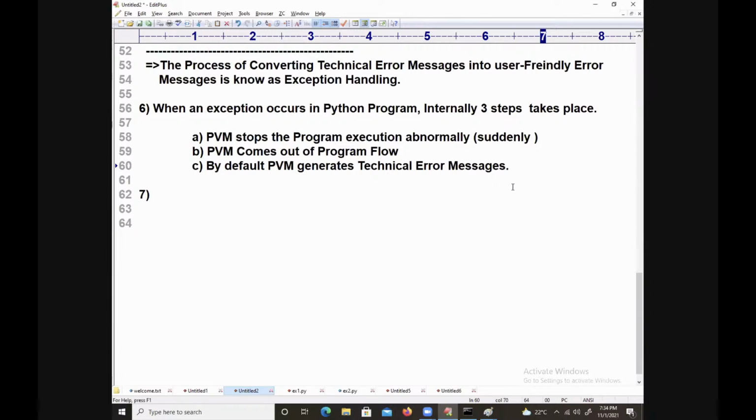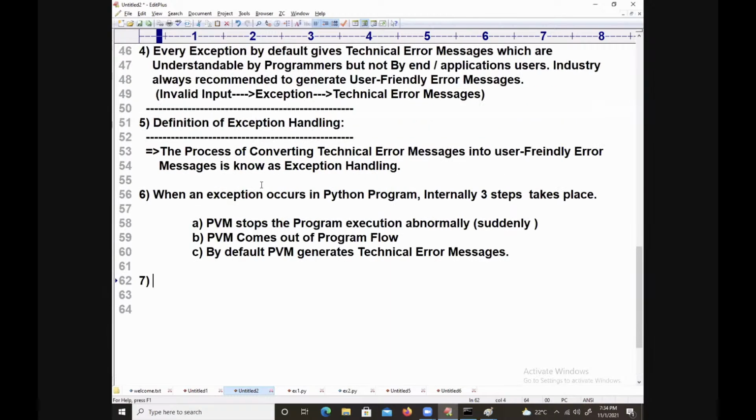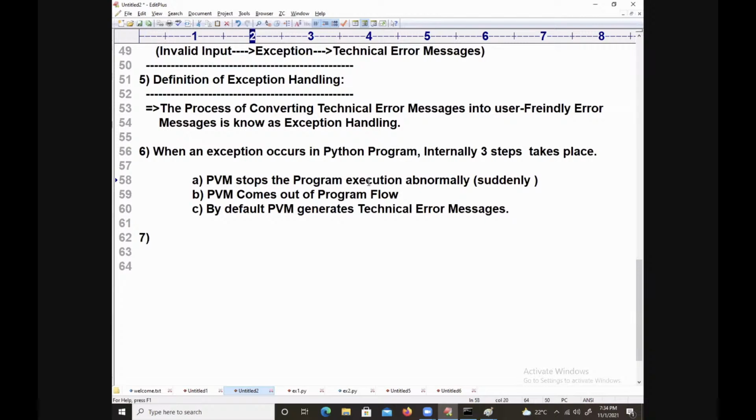Technical error messages. Is it clear? That means when an exception is occurring, all of a sudden a technical error message is occurring. What happens when an exception is occurring? Internally, 3 steps are taking place. Number 1, PVM stops the program execution abnormally. PVM comes out of the program flow, and by default, PVM generates technical error messages.